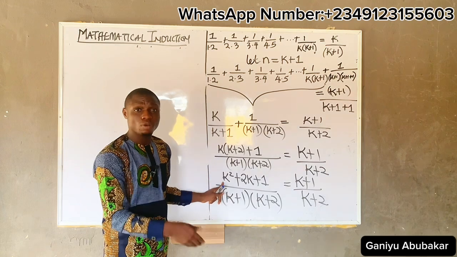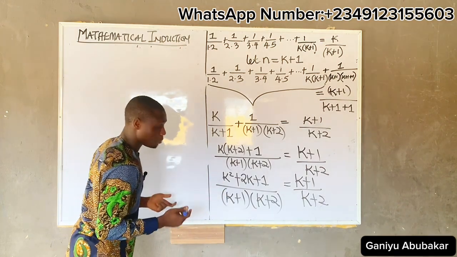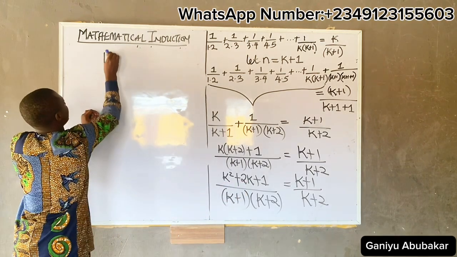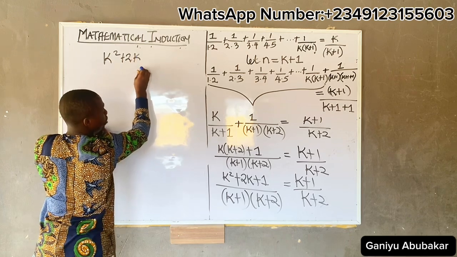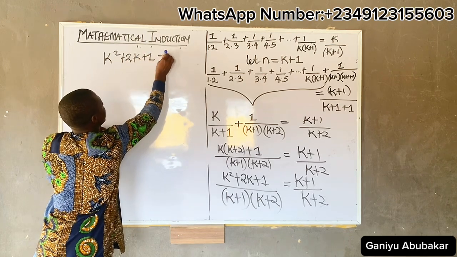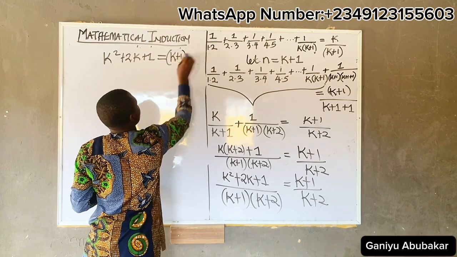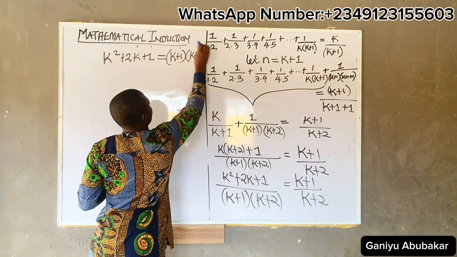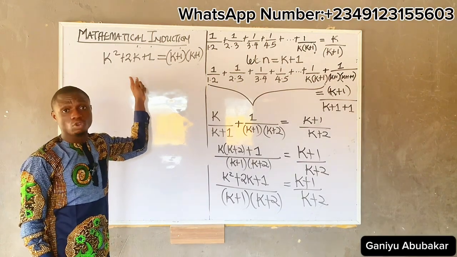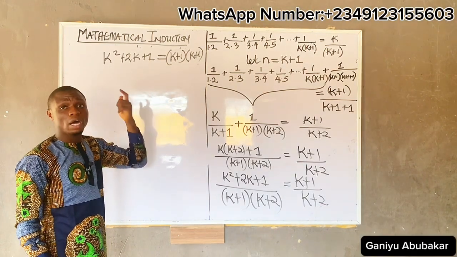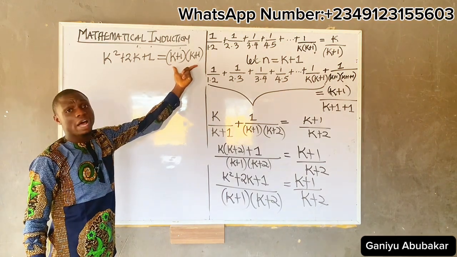K plus 1 into K plus 1. Let me just, to save time, pick out K squared plus 2k plus 1. If I factorize 1, I'll have that. What's my answer? K plus 1 into what? K plus 1. If I factorize 1 using factorization method, or you use the complete square method, you have this K plus 1, K plus 1 as my answer.